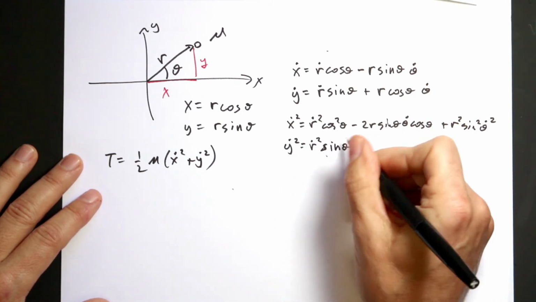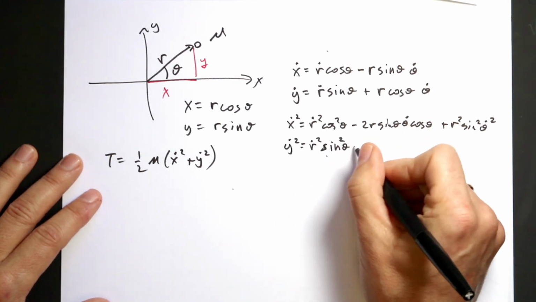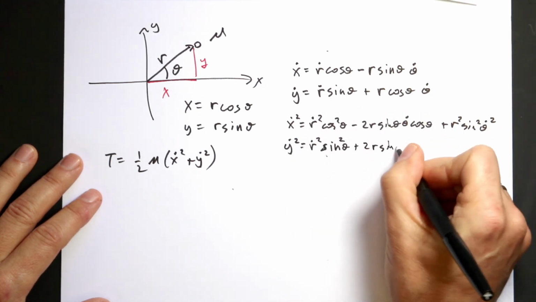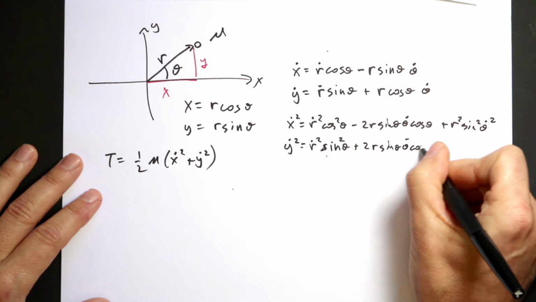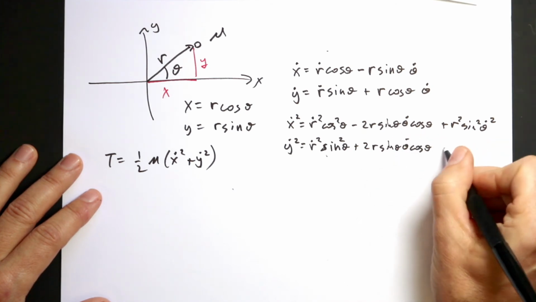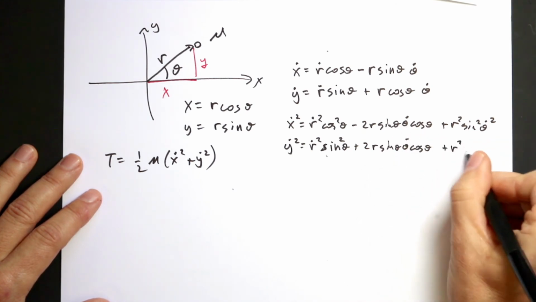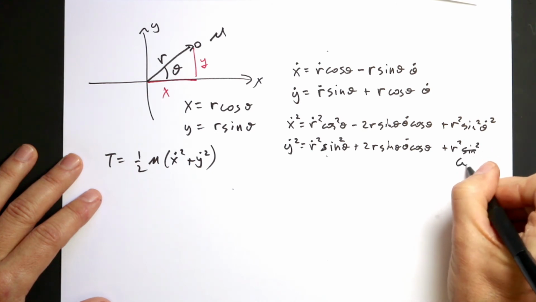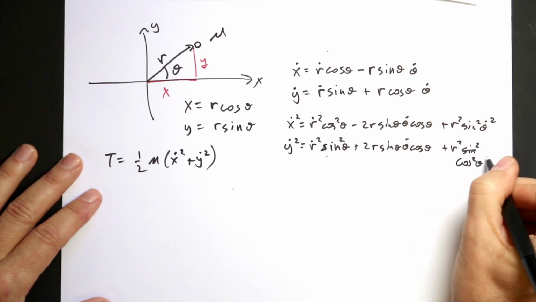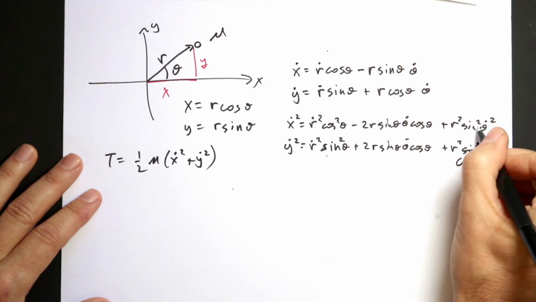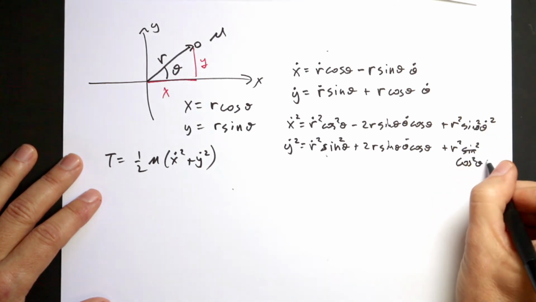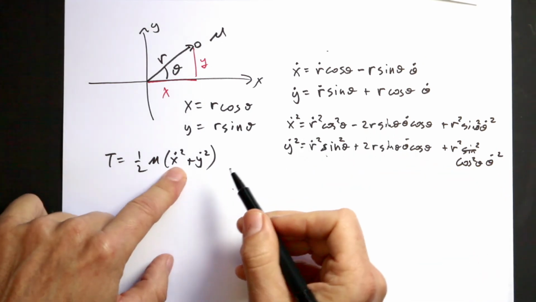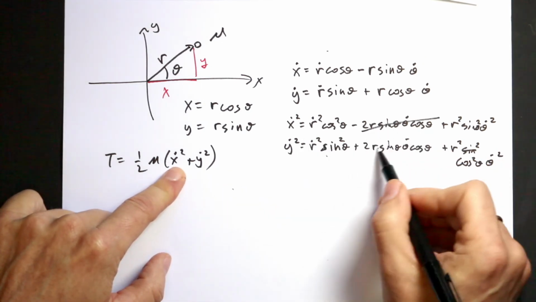squared theta, and then I have two of those terms, plus 2r sine theta, theta dot, cosine theta. I switched the terms so it looks like that one, plus r squared cosine squared theta, theta dot squared. So when I add these two terms together, x dot squared plus y dot squared, that term cancels that term.